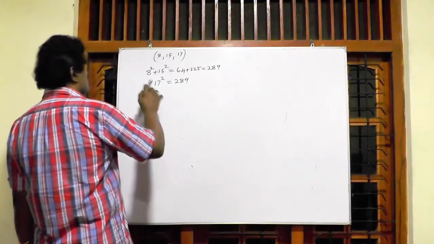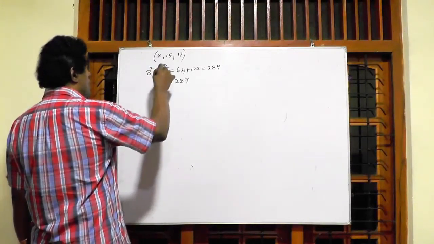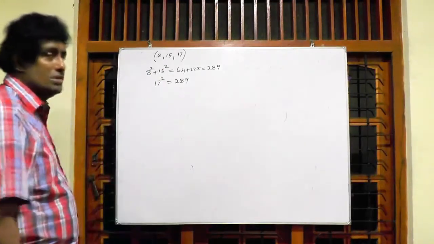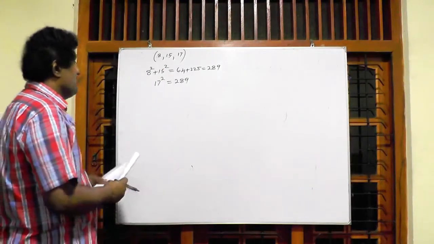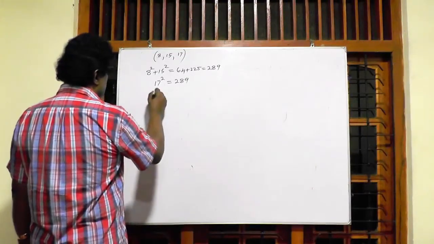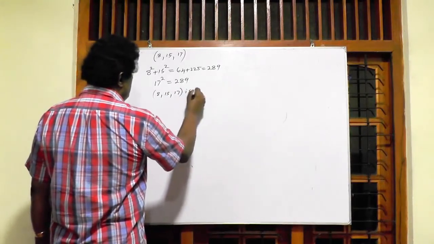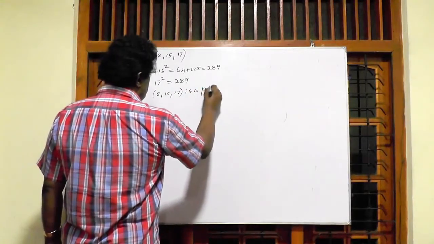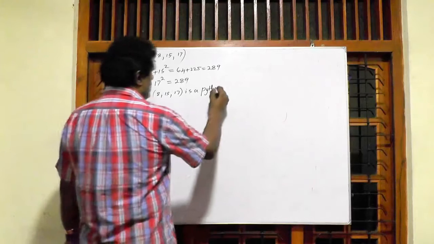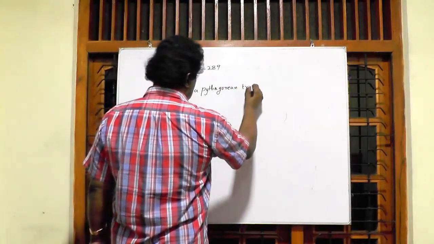If the sum of 8 squared and 15 squared is equal to 17 squared, definitely that should be a Pythagorean triple. Then we can write here that 8, 15 and 17 is a Pythagorean triple. Right?